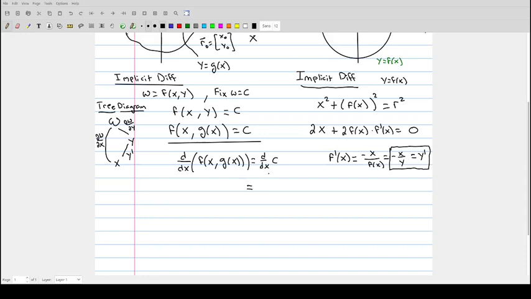And the derivative of a constant is 0. And the derivative of this composition we compute using the chain rule. So it's the partial derivative of f with respect to x plus the partial derivative of f with respect to y times the single variable derivative, the total derivative of y with respect to x.